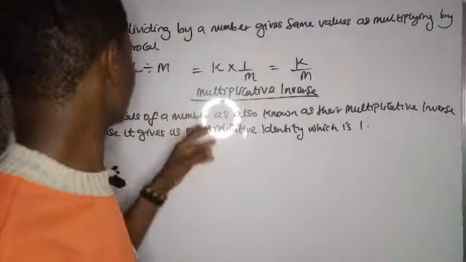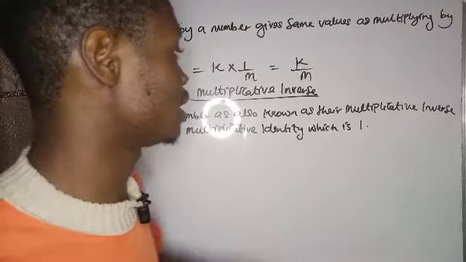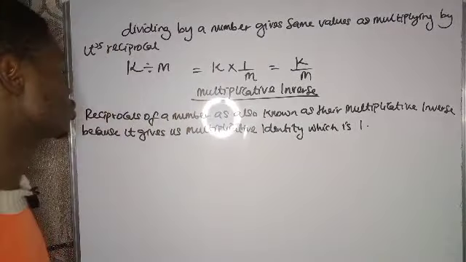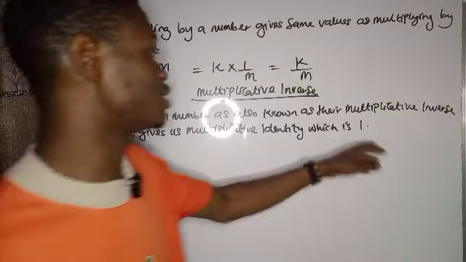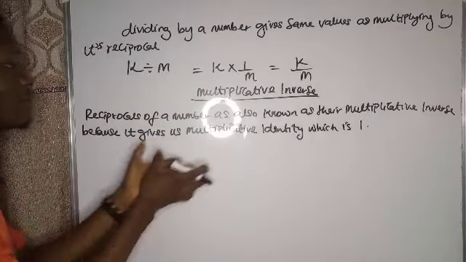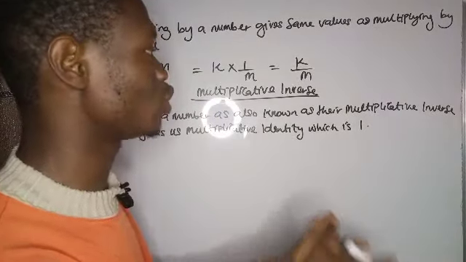So reciprocals of a number are also known as multiplicative inverse because their product gives us the multiplicative identity, which is 1.